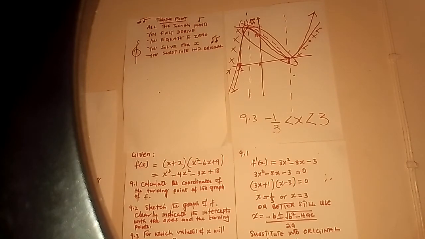9.3 is negative 1/3 less than x and x is less than 3, because they said for which values of x will f prime at x.